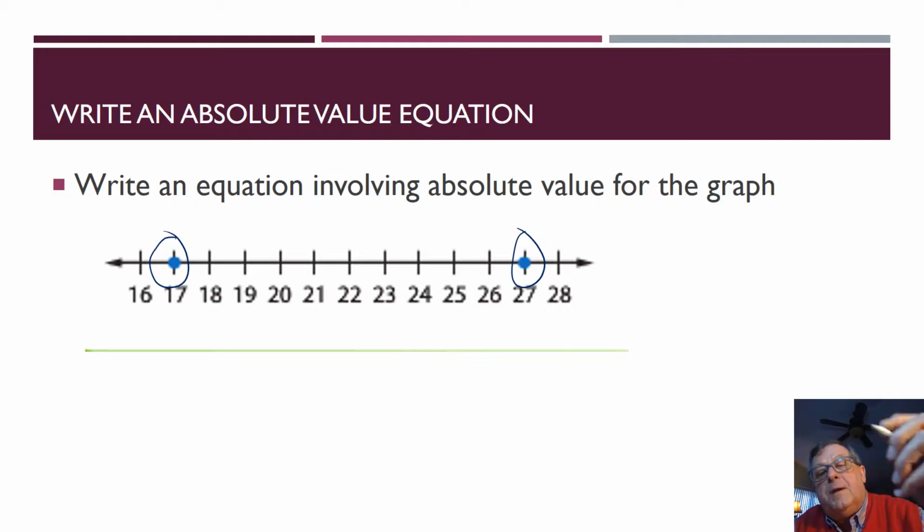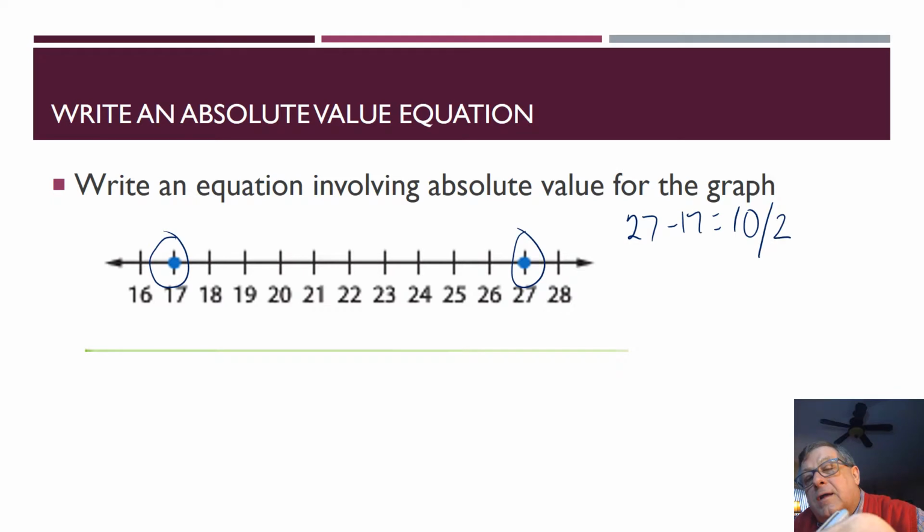And I can find that midpoint by taking the difference between 27 and 17 and dividing that by 2. So let's say I got 27 minus 17 equals 10. And if I divide that by 2, that's going to equal 5.